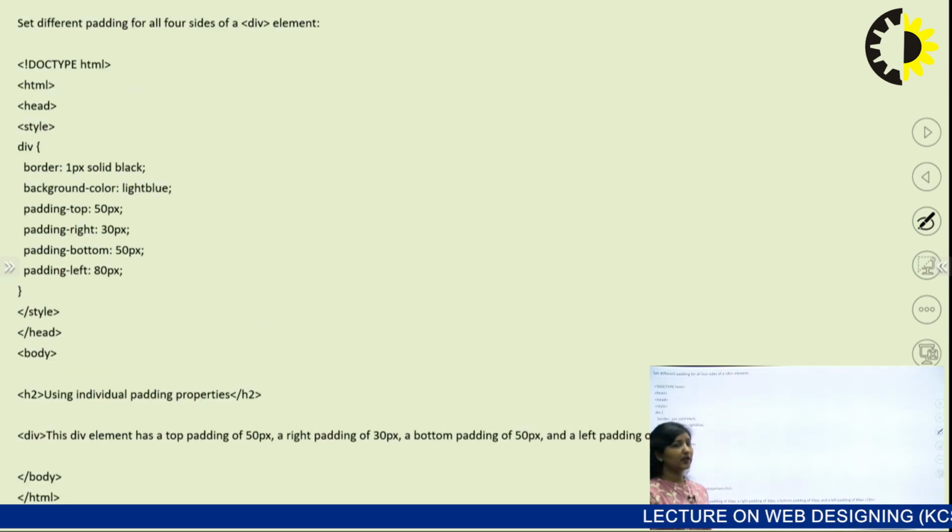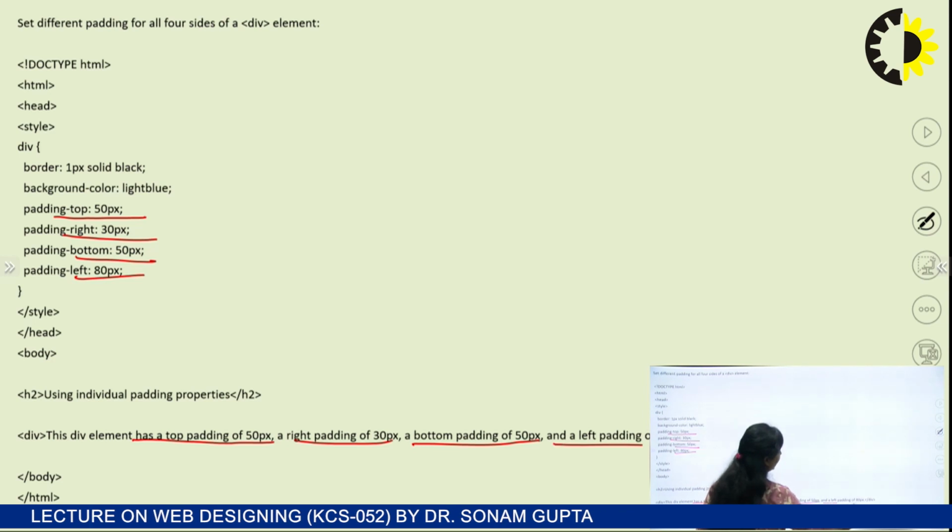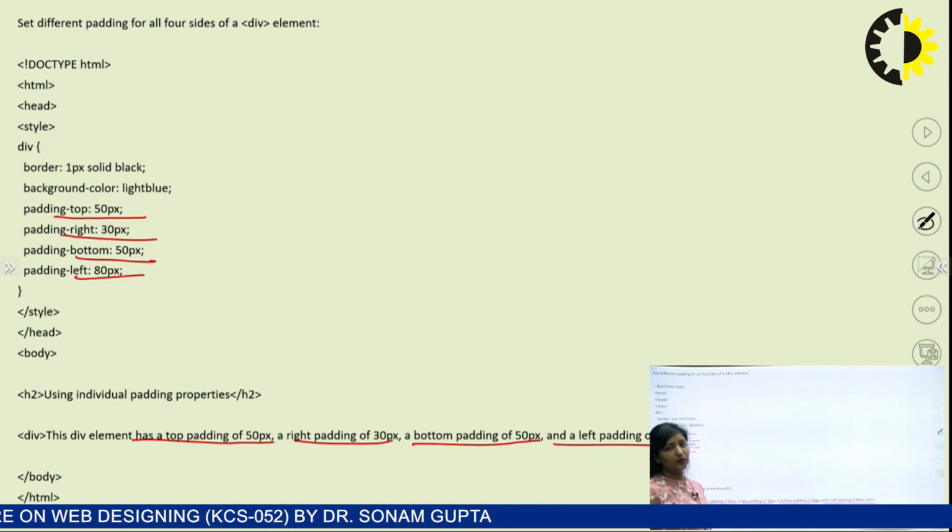Let's see in this example how it is working. For padding-top, right, bottom and left, we have different values. So it will have a top padding of 50, right of 30, bottom of 50 and left of 80. Again we can use a shorthand. For that shorthand, we use padding, colon, and all the values in a single line.